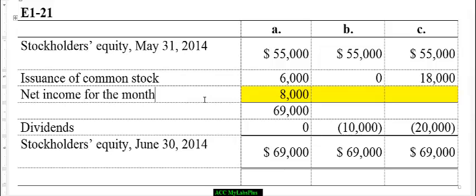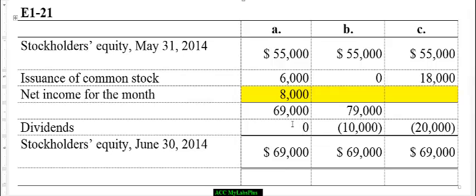So what we know is we started with $55,000 of equity and we ended with $69,000 in equity. If we paid $10,000 in dividends, then we had to have at some point $79,000 of equity, so that we can pay $10,000 in dividends to leave us with $69,000 at the end of the period.